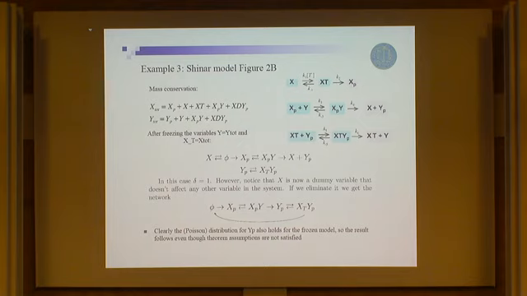Yes? But could it be the case that you will have different choices of variables to freeze, and that would give you different systems? Yeah, it could happen. But what would that actually mean? I mean, because if these systems, they have different Poisson distributions. No, it should be the same.